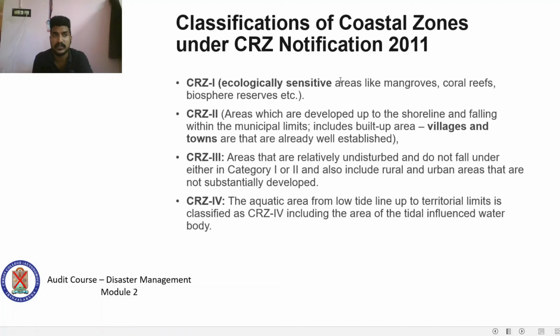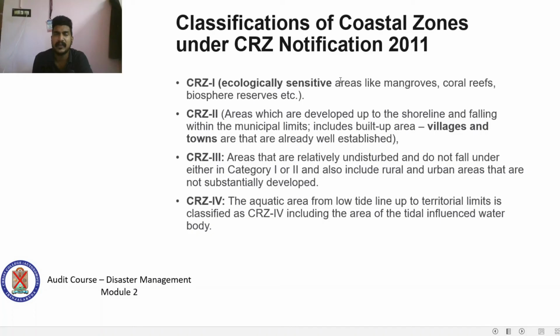And coastal zone 3 includes the areas that are relatively undisturbed and do not fall in either category 1 or 2, and can also include rural and urban areas that are not substantially developed. The area between 0 and 200 meters from the high tide line is a no development zone, where no construction shall be permitted.